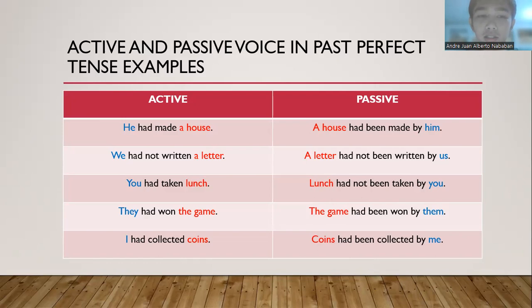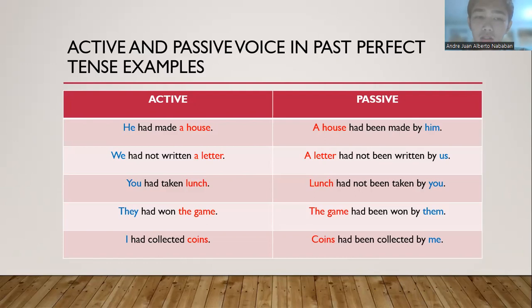And the second, from the active voice, we had not written a letter, and when it's transformed into the passive voice, it becomes a letter had not been written by us, taken from we, transformed into us.